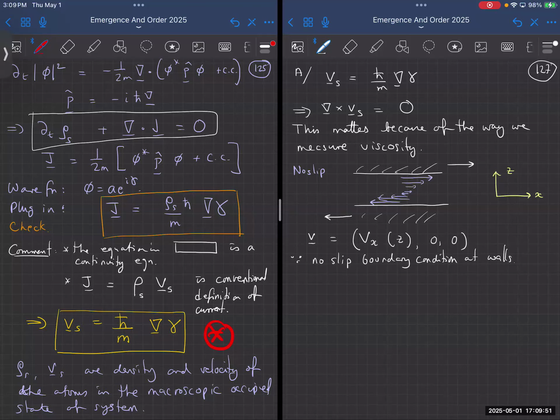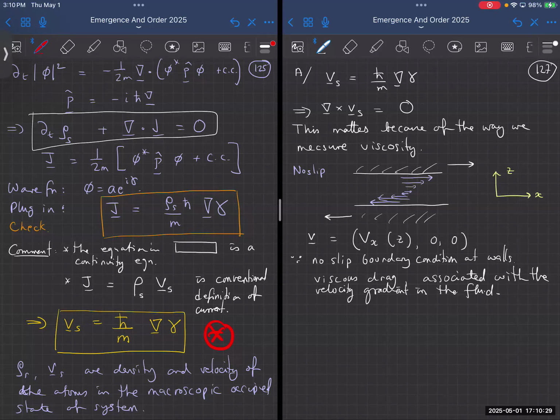And why do we know it looks like this? Well, we know that there's a viscous drag, and that viscous drag is associated with the velocity gradient in the fluid. So if all the fluid is moving at the same speed, there's going to be no drag.